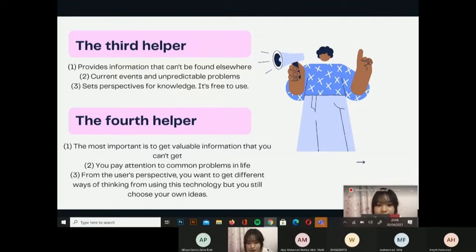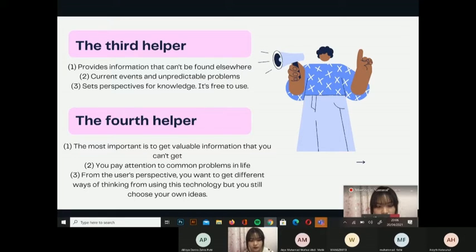The fourth helper gave us the answer that the most important thing is to get valuable information that we can't get. The second question, her answer is the technology will pay attention to common problems in life.